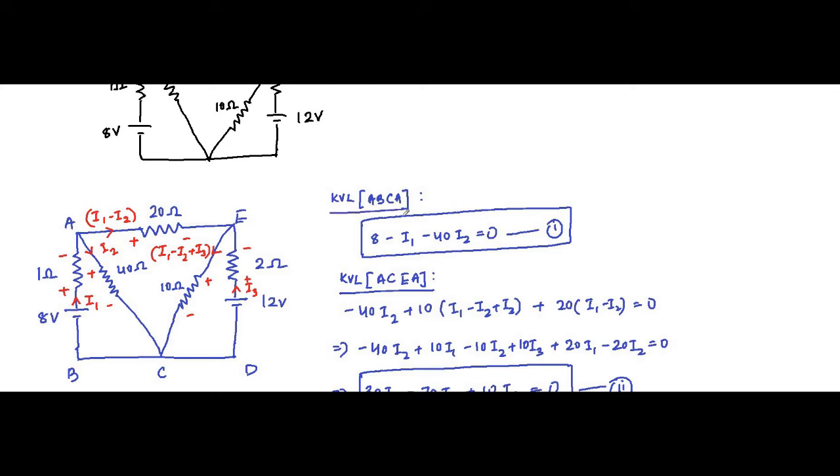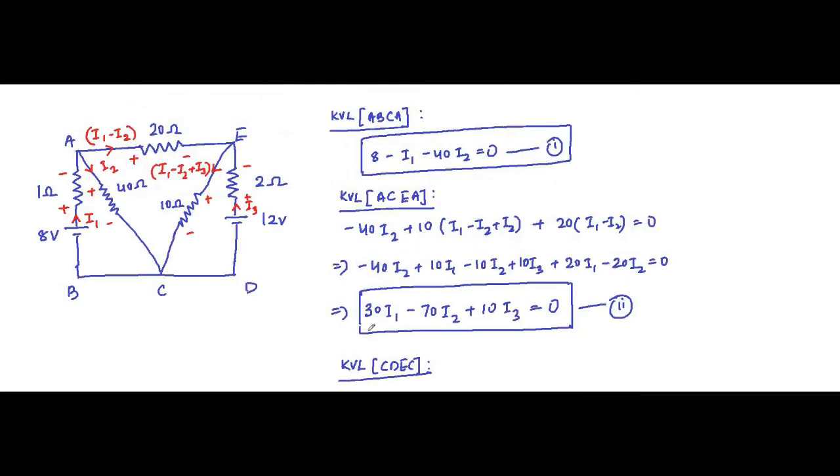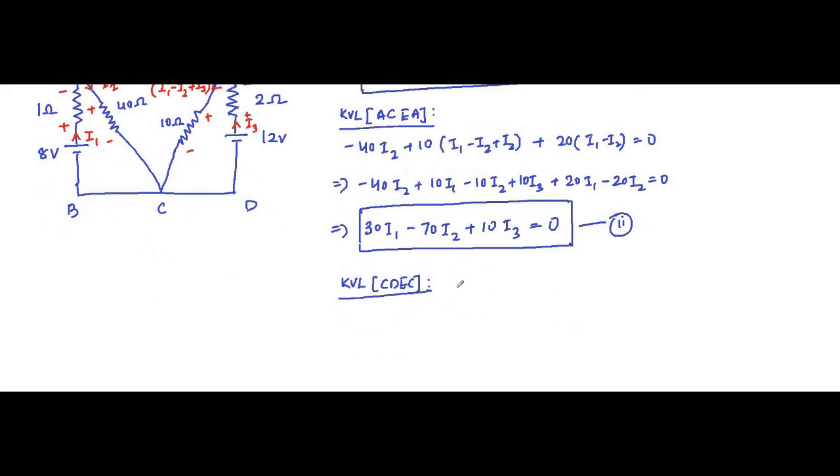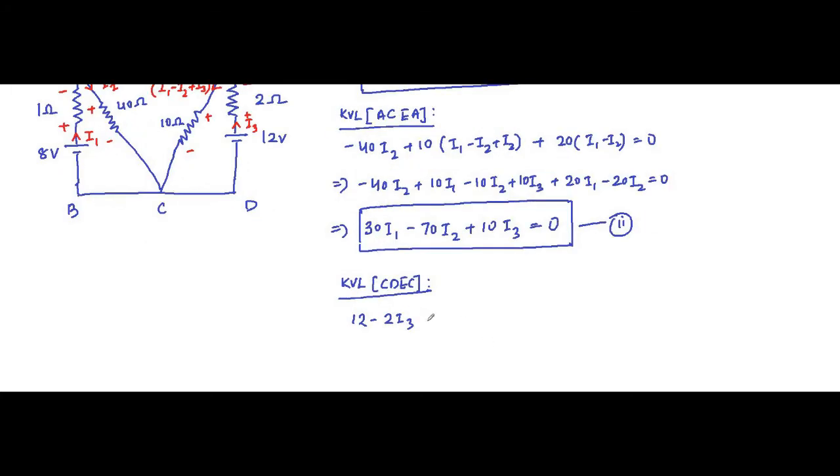So here the KVL equation will be 12 minus 2I3 minus 10 into I1 minus I2 plus I3 is equal to 0.